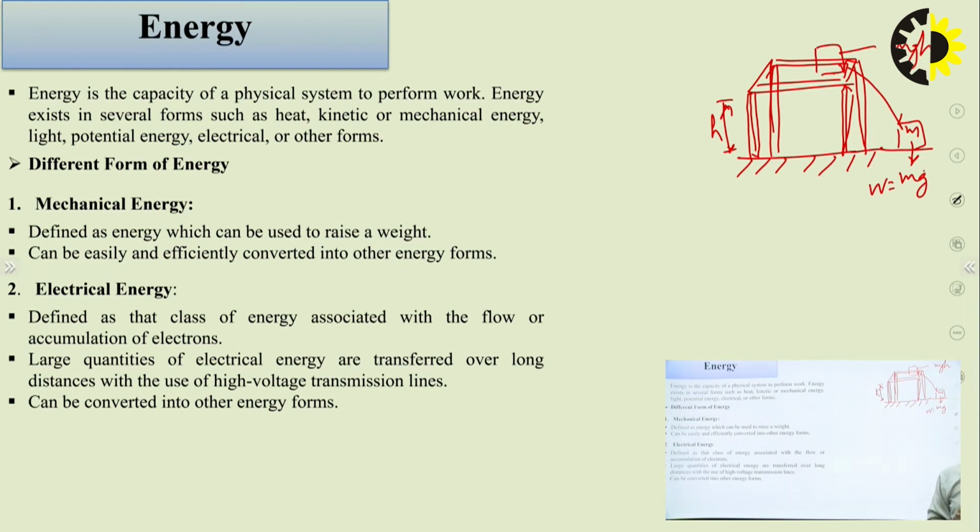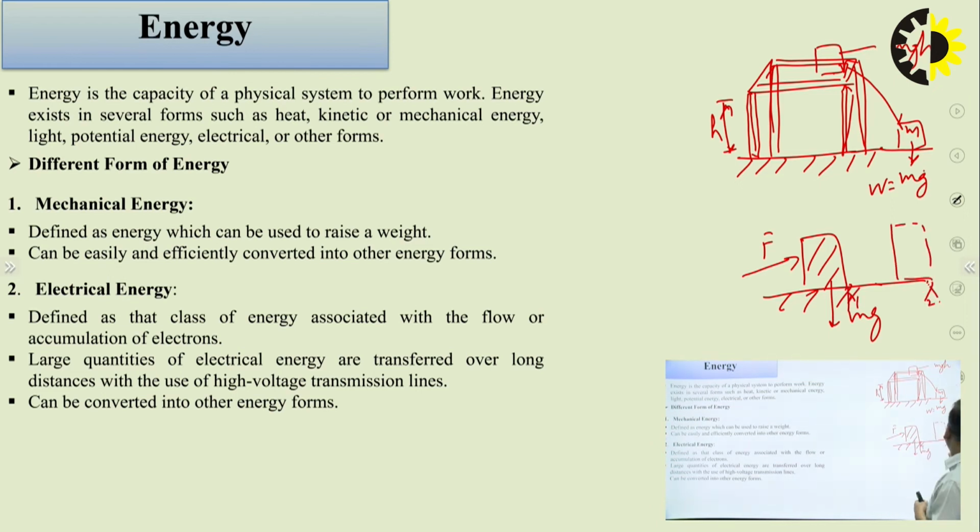Now it can be easily and efficiently converted into other energy forms, meaning we can convert it into kinetic energy or some other form. Suppose there is a surface and this block of weight mg, and we are applying a force F to transfer this from x1 to x2, so some work is needed.